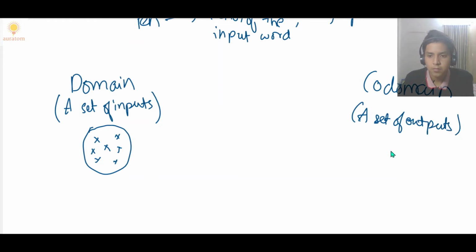Let's represent this too with a circle with x's inside. These are the outputs, whereas these are the inputs. So that is the domain, and this is the codomain, and let's call this set A and this set B.